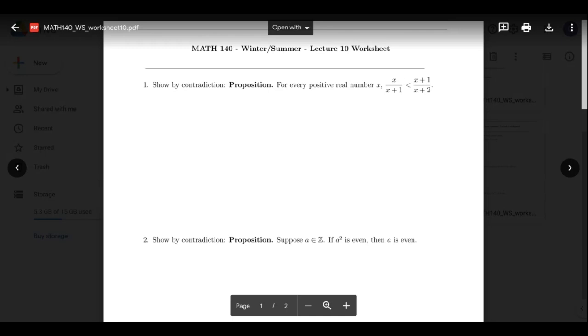I'm not understanding your proof. So you're trying to find a counterexample. Suppose there exists x naught, an integer, and x naught is greater than 0. Right, okay, suppose there is a positive real number x naught.